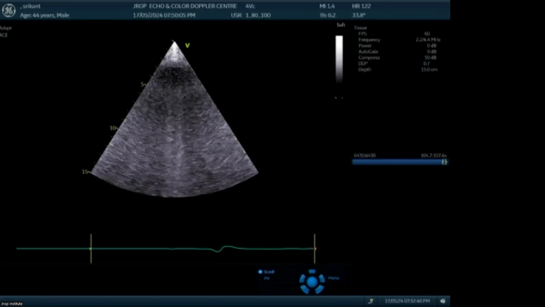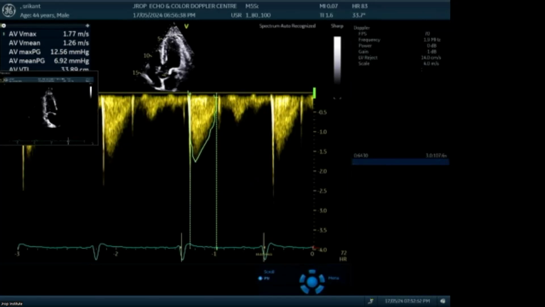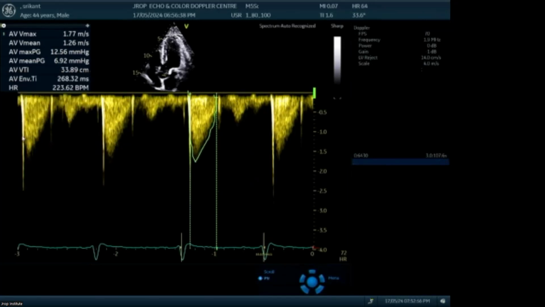The correlation of ECG with color Doppler. Just a second. Correlation of ECG is done with the Doppler flow pattern. Look, from the beginning of the QRS complex to the end of the T wave would be systole.